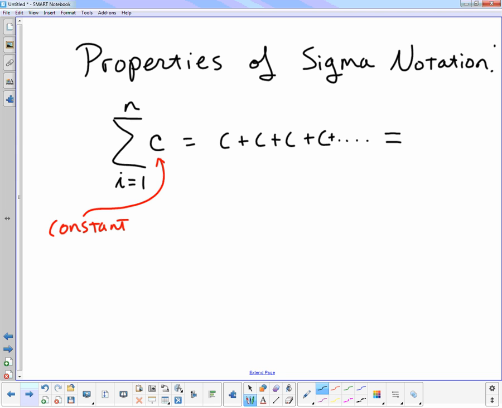So this whole thing can be simplified to just C times N. A simple example again: this is just a list of 5s in a row, right? So 5 plus 5 plus 5 up to 20. I have 5 and I add it 20 times, I'm going to wind up with 100. Game over. Thank you for playing. Very straightforward on that one.